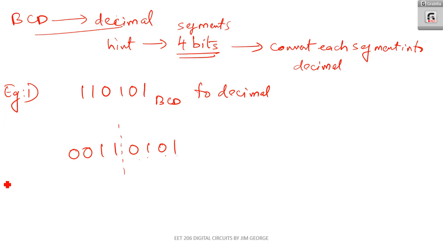Now what is 0011? 0011 is 3. What is 0101? It is 5. Therefore 110101 in BCD you can write as 35 to the base 10. Since there are no bits before this 11, you need to add 0s to the front.